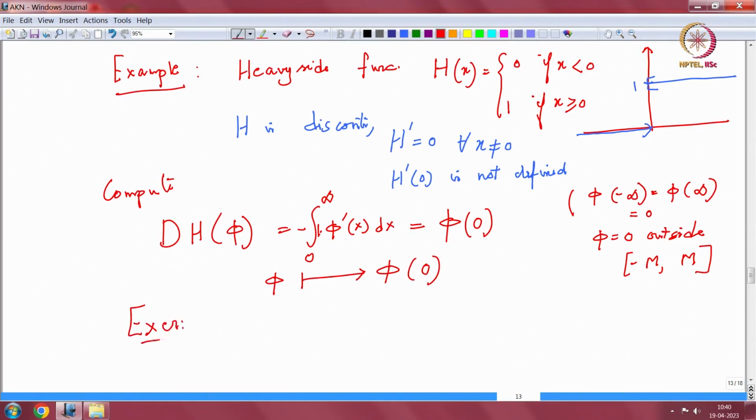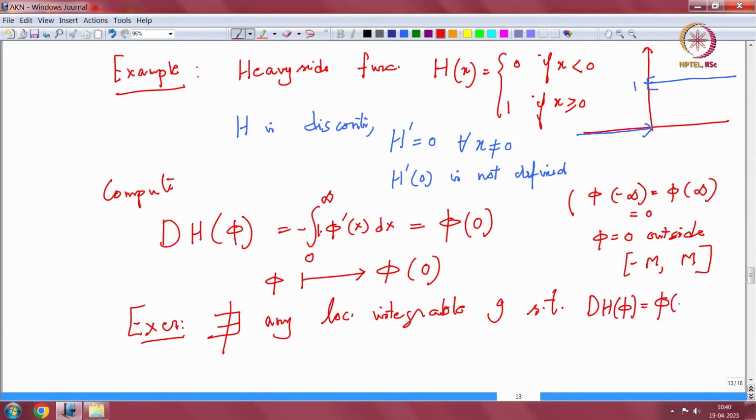I will leave it as an exercise, maybe in one of the exercises we will do it. There does not exist any locally integrable g such that dh of phi, that is equal to phi of 0, is equal to the integral from minus infinity to infinity of g phi.